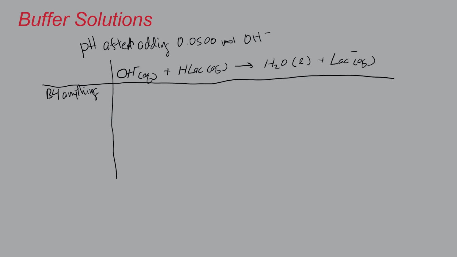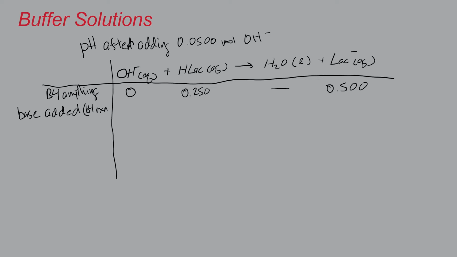And we had no hydroxide. We said that the lactic acid concentration was 0.25 molar. The water concentration, we can kind of ignore here. And the lactate concentration was 0.5 molar. Now here are the numbers after the base has been added, but before it reacts.